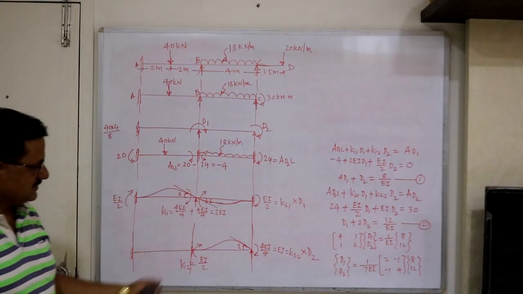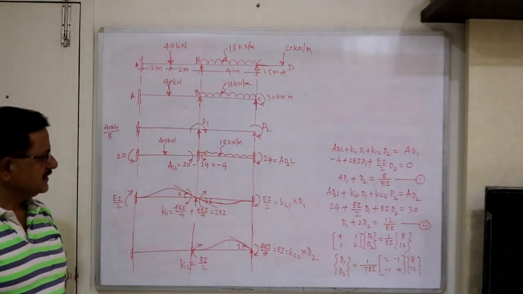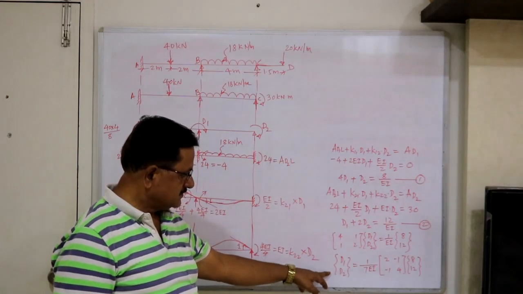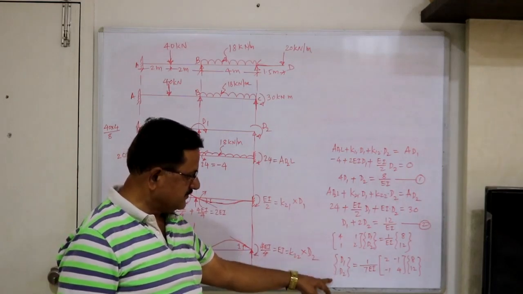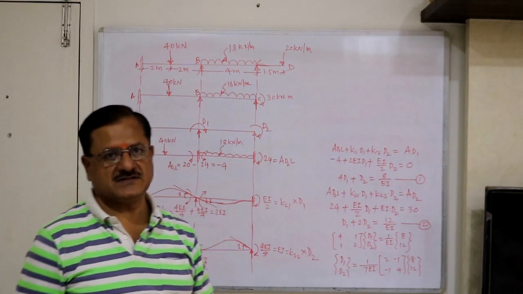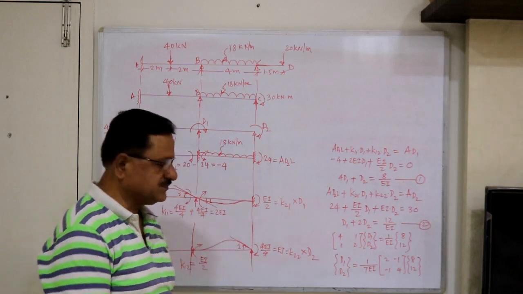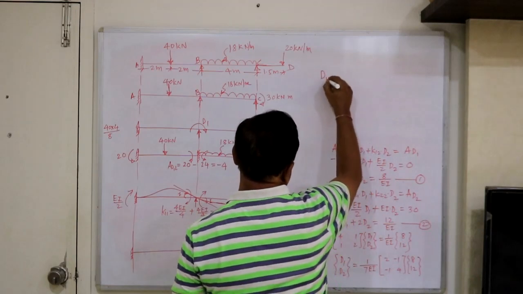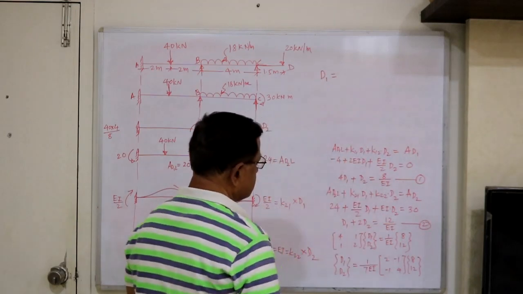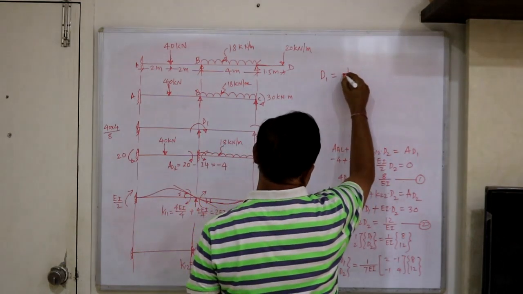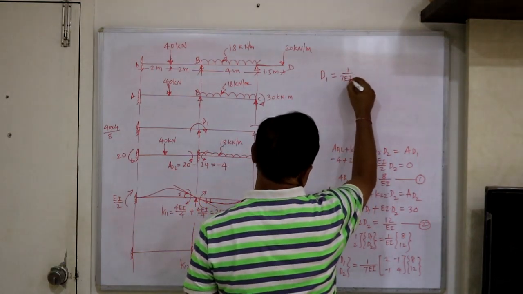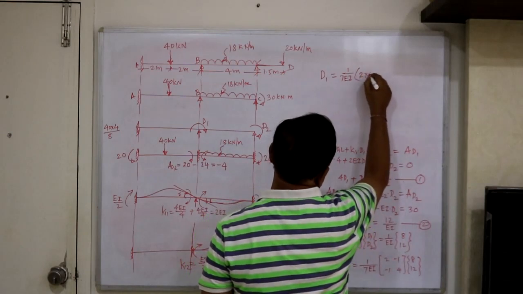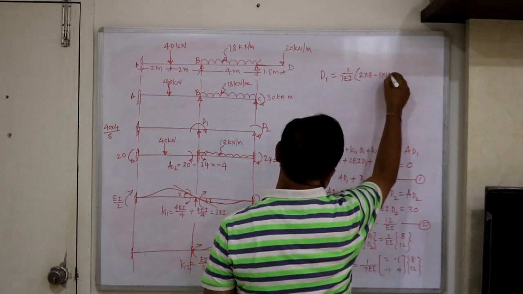So now let's continue the earlier problem. Now we want to calculate d1 and d2, and we have developed the matrix equation. After this inverse we have calculated, then directly you will get d1 is equal to 1 upon 7 EI into bracket 2 into 8 minus 1 into 12.